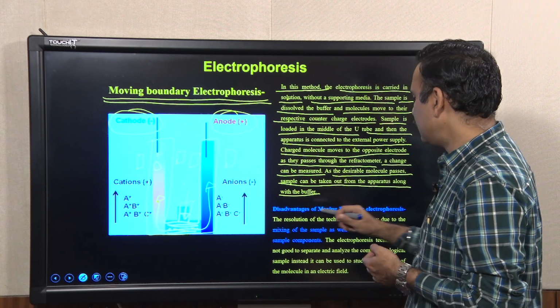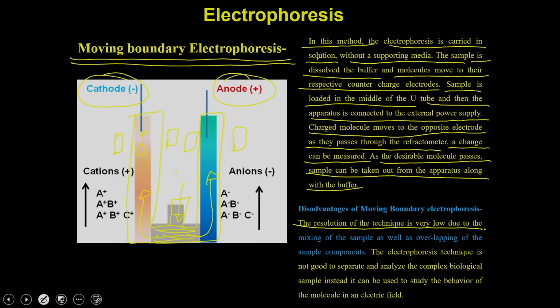What are these problems? The resolution of the technique is very low due to the mixing of the sample as well as the overlapping of the sample components. For example, if you load the sample in the middle, all of this is happening in a buffer which does not have any supporting media.